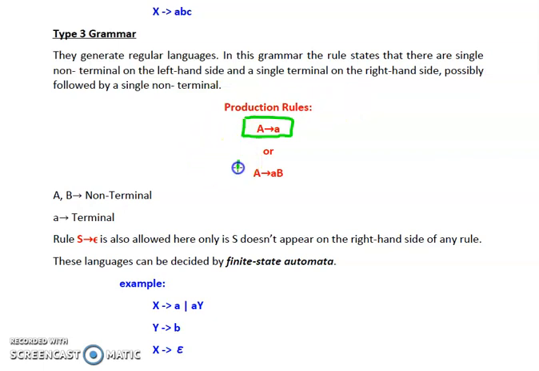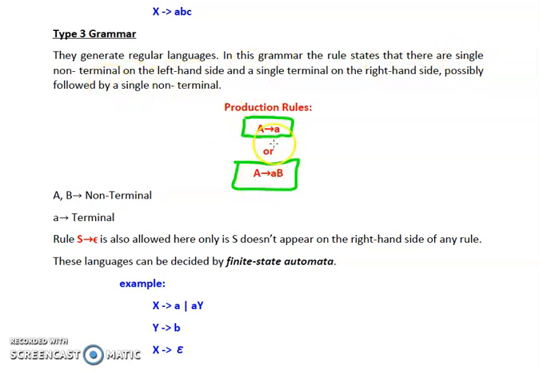Or we can also have a rule of the form like this. That means a single non-terminal on the left hand side and a single terminal on the right hand side followed by a single non-terminal. So, according to these two production rules of type 3 grammar, again I am repeating one thing, that in this grammar the rule states that there are single non-terminal on the left hand side.